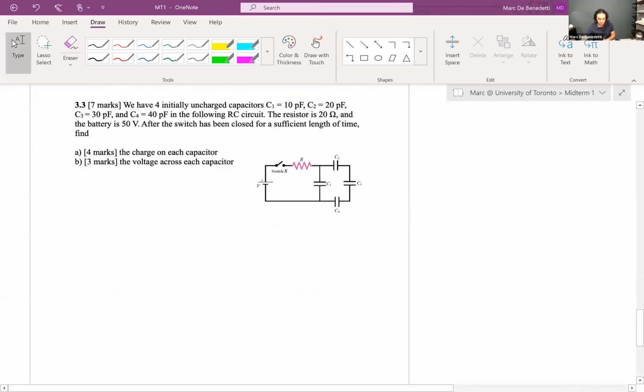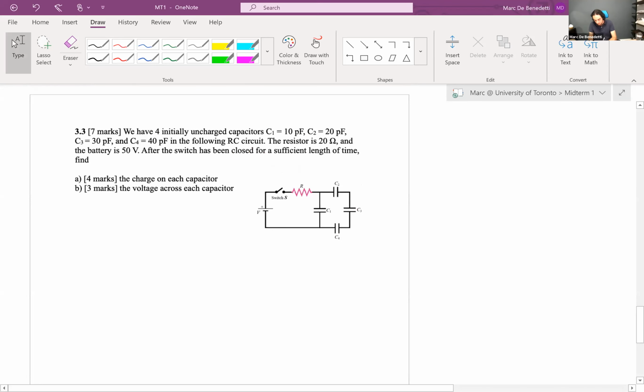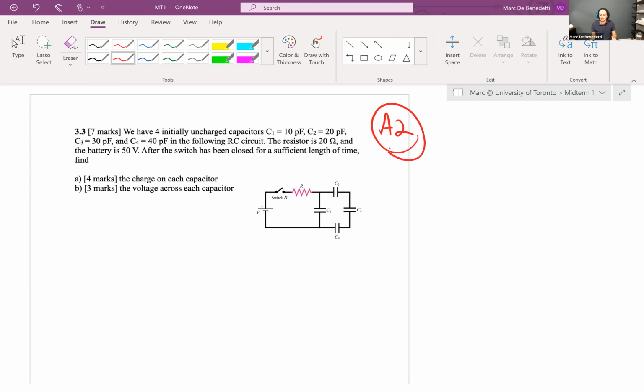And last but not least, here is a sort of circuit question. And for those of you who have used assignment 2 to practice, this is verbatim from assignment 2. So this is a bit of a reward for students who used assignment 2 as practice for the test, even though it wasn't marked. If it wasn't marked, understandably, students may not have attempted it or focused on it.